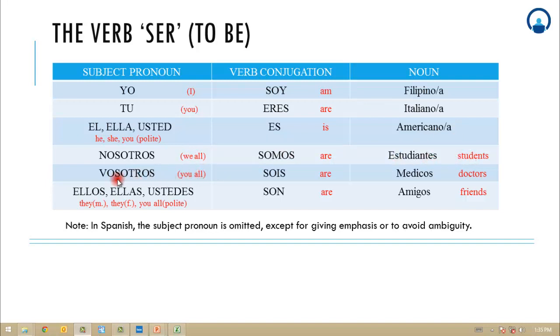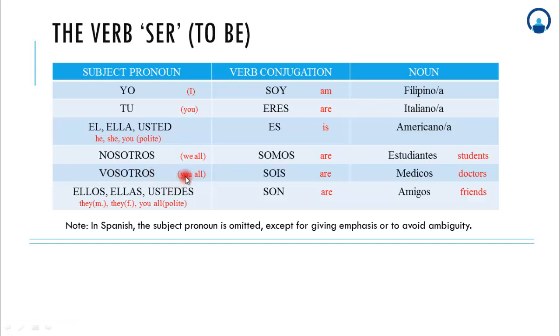In a similar way, vosotros. Vosotros means you all. When you are pointing at a group and you are saying it directly, it's you all. It has got a conjugation sois, that means are. And when we combine it in a sentence, for example, vosotros sois médicos, that means you all are doctors.